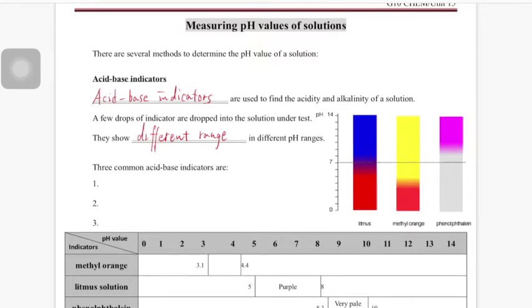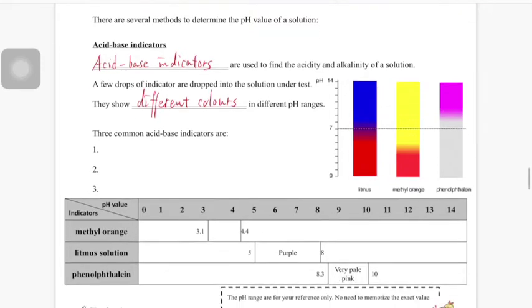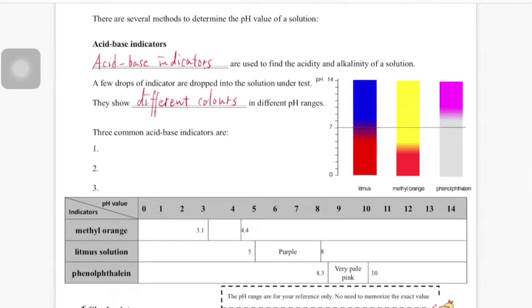Okay, so before I introduce what we have here, they are chemical substances that we use as acid-base indicators.